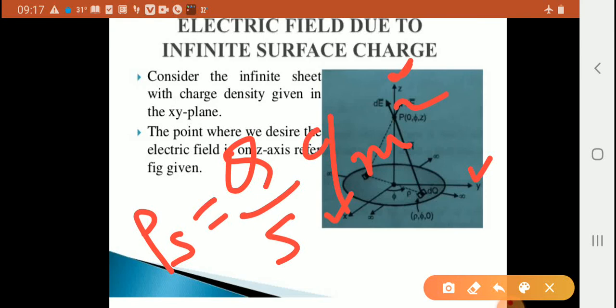Consider an infinite surface area sheet in the xy plane. Let point P, 0, 0, z, be the point on the z axis at which we have to find the value of electrical field intensity, such that the surface is as shown in the figure.